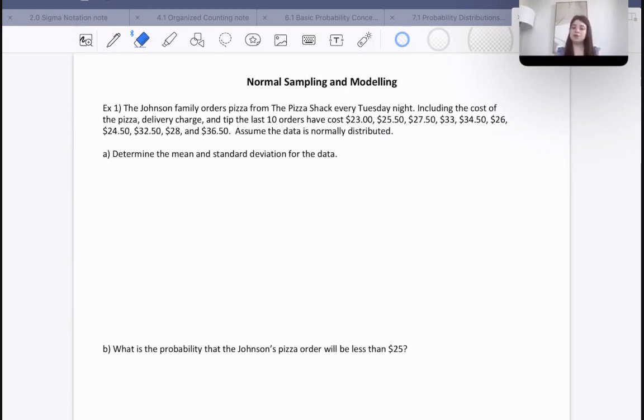So first of all, how do we calculate the mean? Let's review. To calculate the mean, we must find the summation, the addition of all the different x values, and we must divide by the number of x values there are. So if we add 23 plus 25.5 plus 27.50 all the way to the end, we get that in total, all the last 10 orders cost $291, and there were 10 orders.